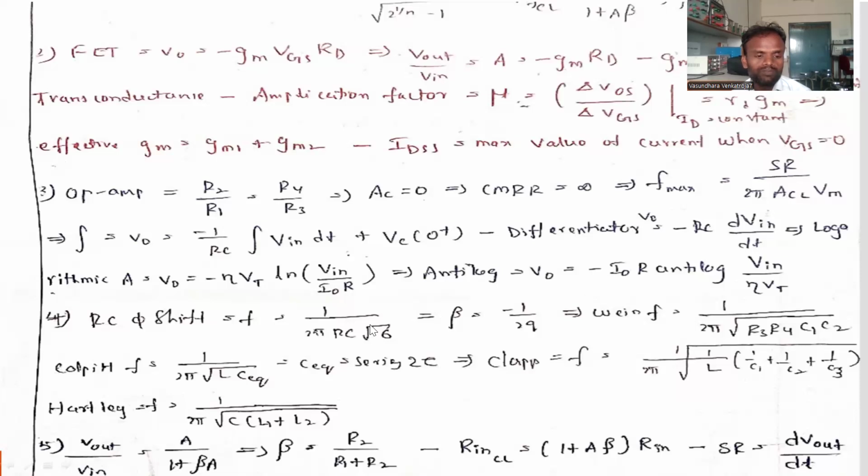Next, output by input equal to gain, so 1 plus beta A. Beta equal to R2 by R1 plus R2. Closed loop system input resistance equal to 1 plus A beta times R in. Slew rate equal to dE output by dt.